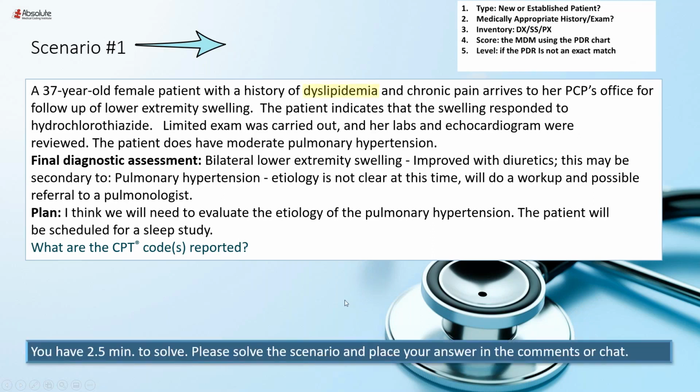Here are my key terms, the same as before: dyslipidemia, chronic pain, follow-up of lower extremity swelling, limited exam, labs and echocardiogram were reviewed. That's important. Bilateral lower extremity swelling, pulmonary hypertension, evaluate the etiology, and the patient will be scheduled for a sleep study.